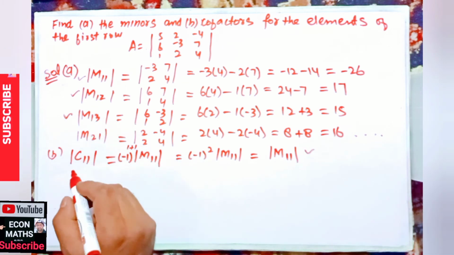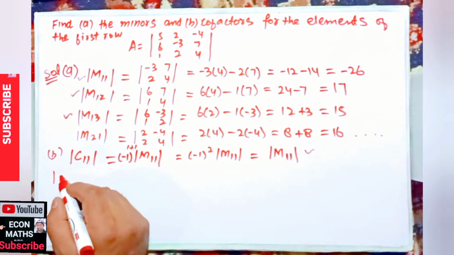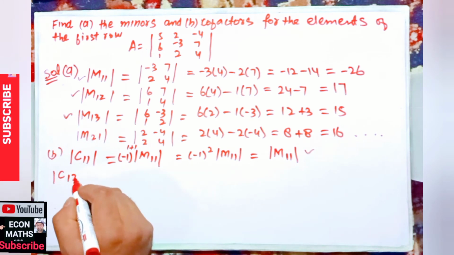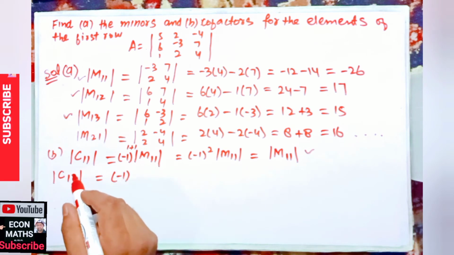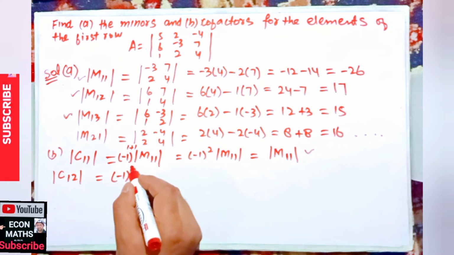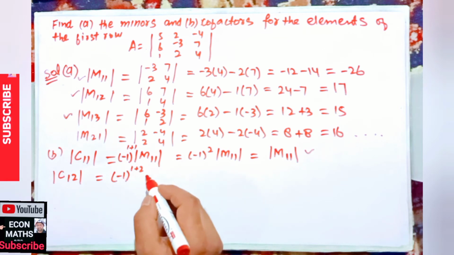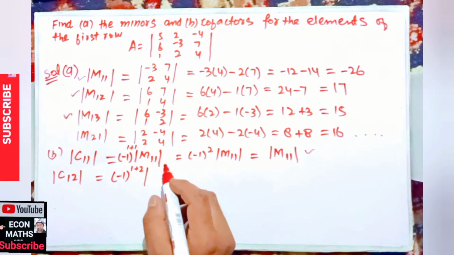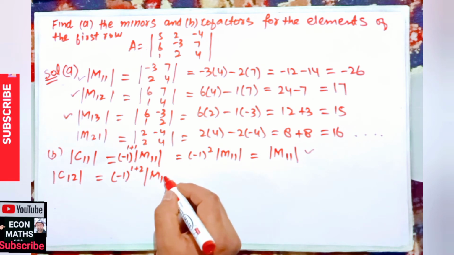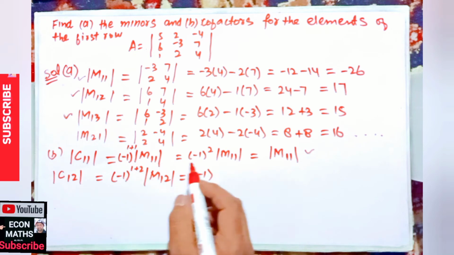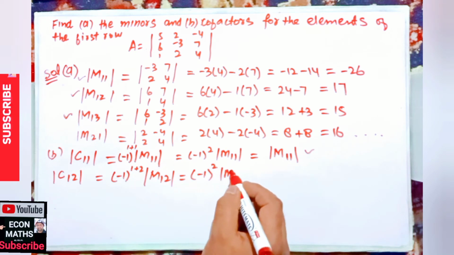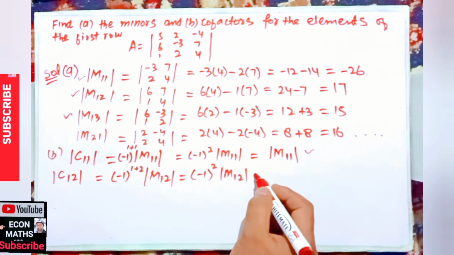Similarly the second cofactor is C12. Now this is equal to -1 raised to the addition of the subscripts, that is 1 plus 2, and the minor at that place, that is M12. Now here this is -1 raised to 3, times M12.